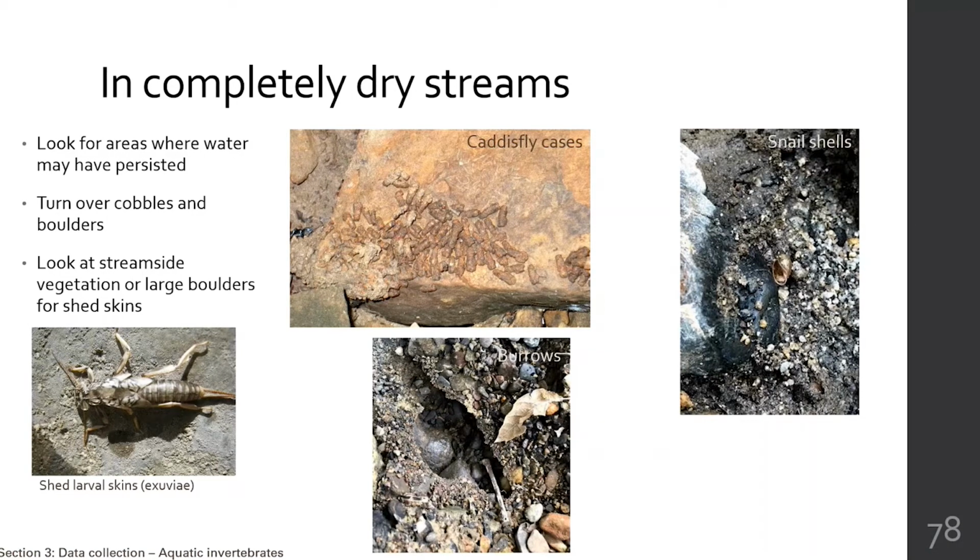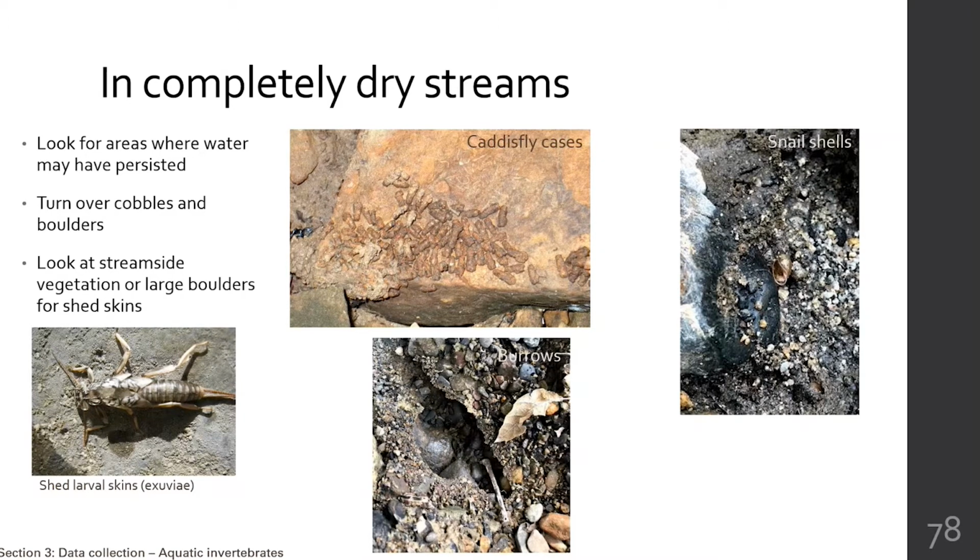In a dry reach, you want to look for the areas where the water likely persisted the longest, and that's where you should probably turn over the cobbles and boulders and substrate and see who's clinging underneath. You can find a lot of caddis cases attached. You may find the burrows of some organisms, like hellgrammites, which often create these burrows under cobbles in moist substrate.